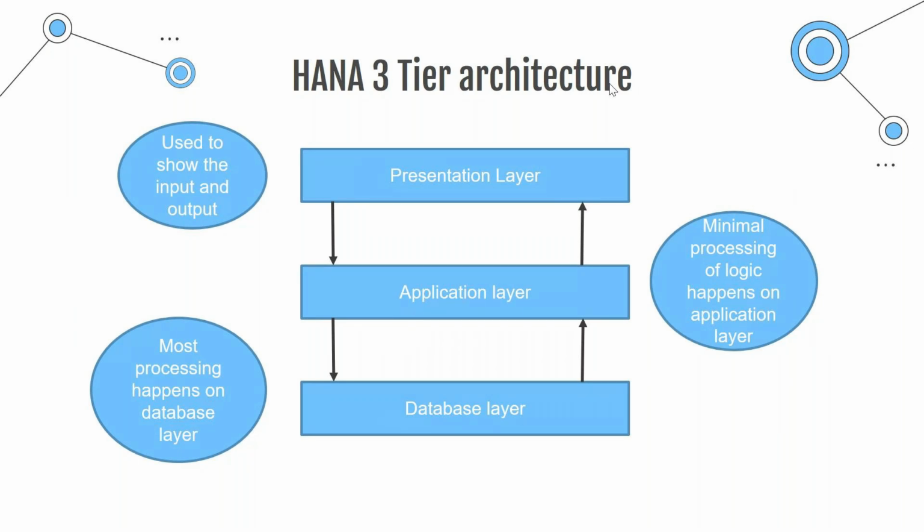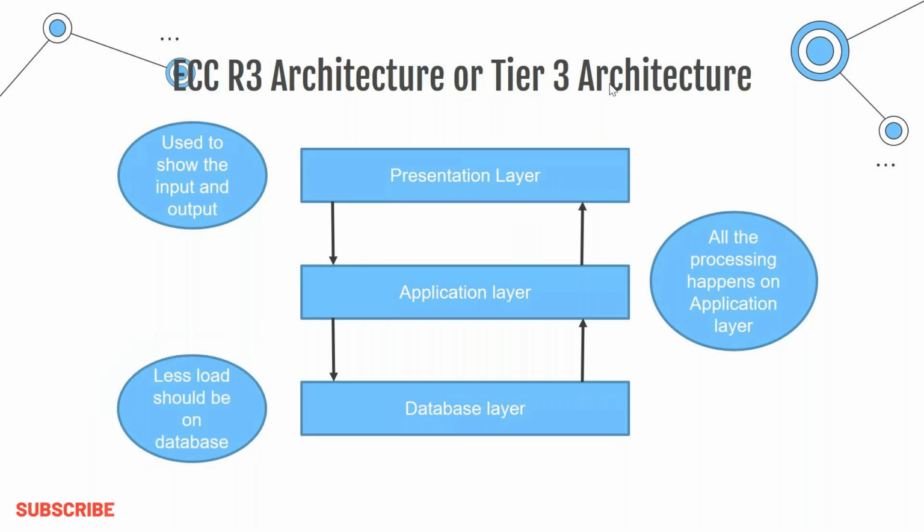But when it comes to the application layer and database layer, as I said, all the logical processing happens on the application layer and less load should be on the database. This is the criteria for your ECC system.